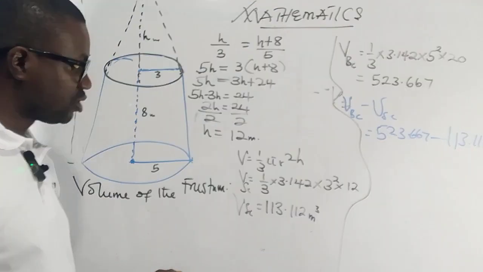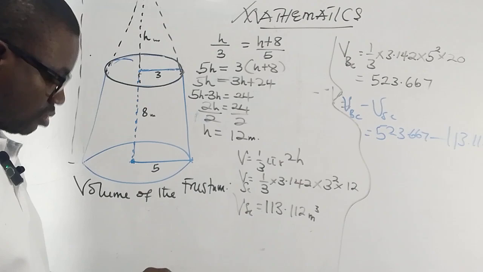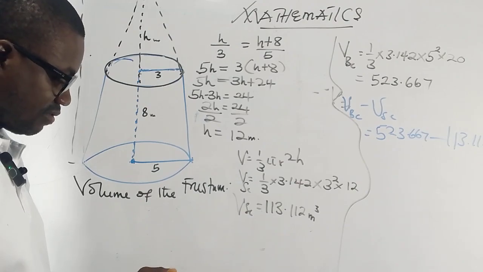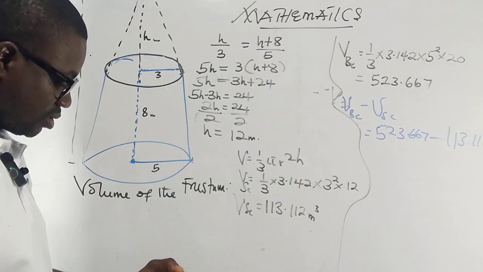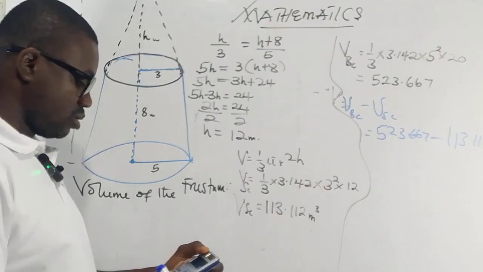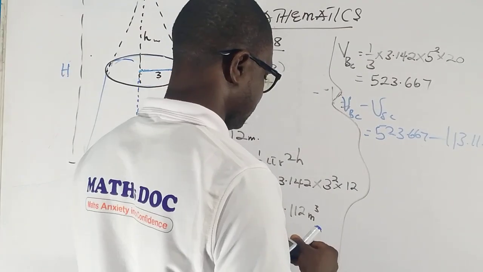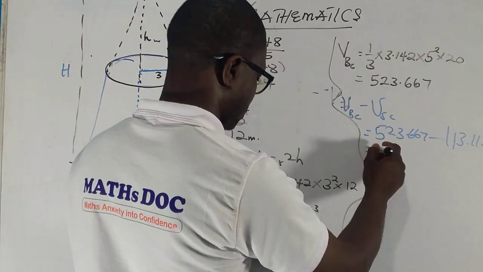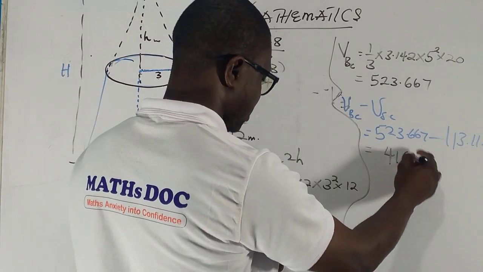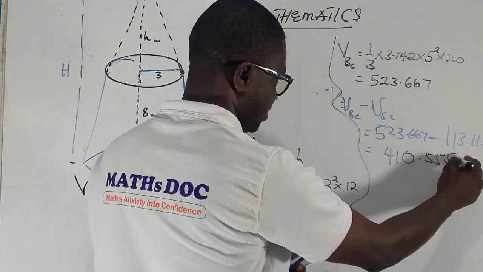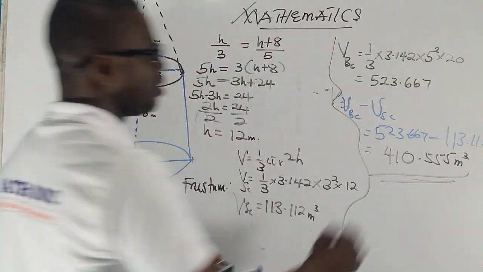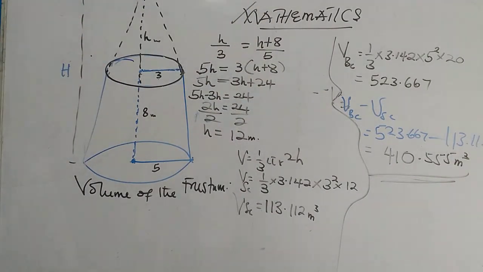Let's do the subtraction: 523.667 minus 113.112, and we are getting 410.555 meter cube. So this is how to calculate that.